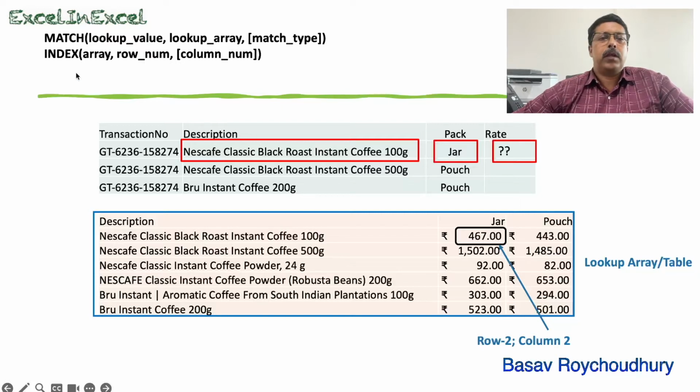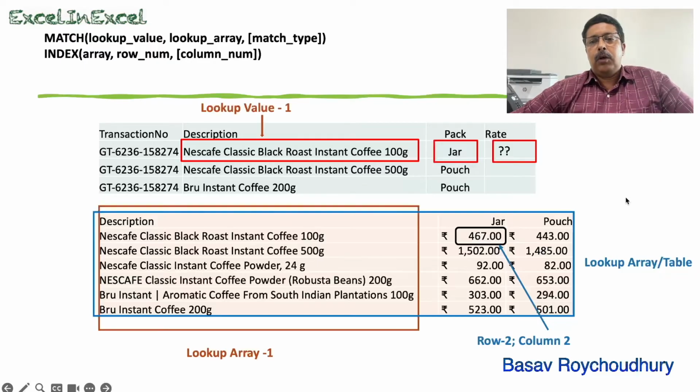This we can do using the index function. In the index function, if we give an array, like for example the blue rectangle that we have, and we give the row number and the column number, that is 2 comma 2, we should be able to get that 467. But the question is, how do you get this 2 and this 2? How do you get the row number and how do you get the column number?